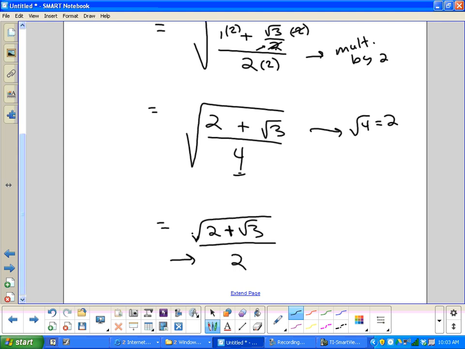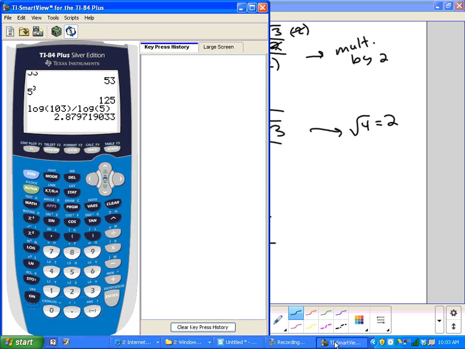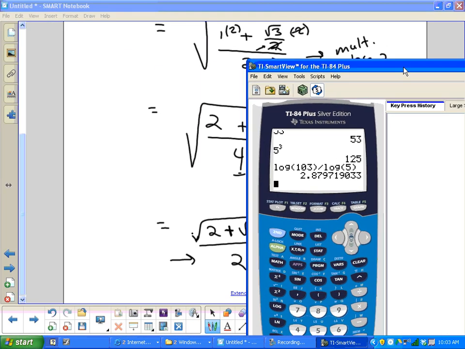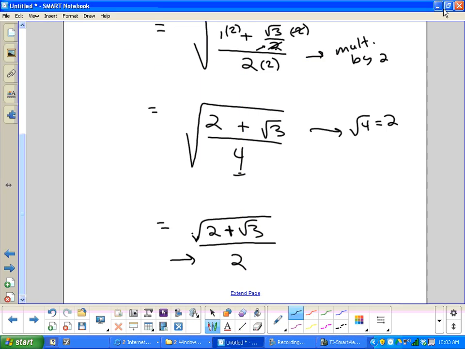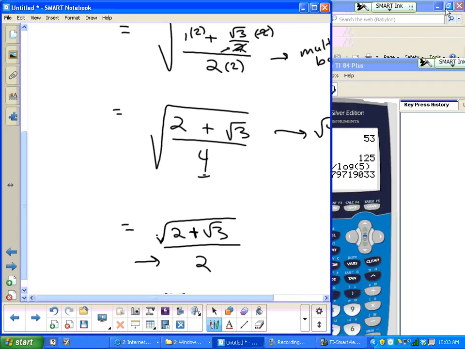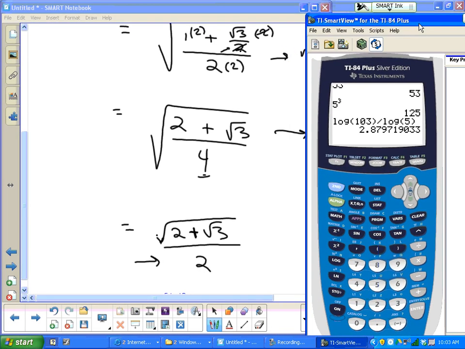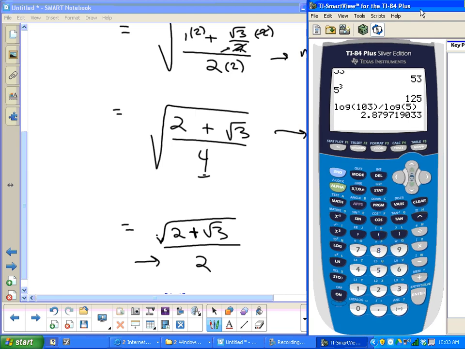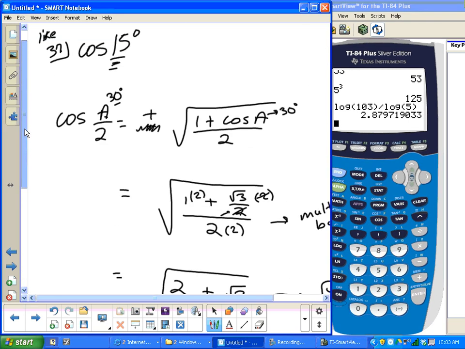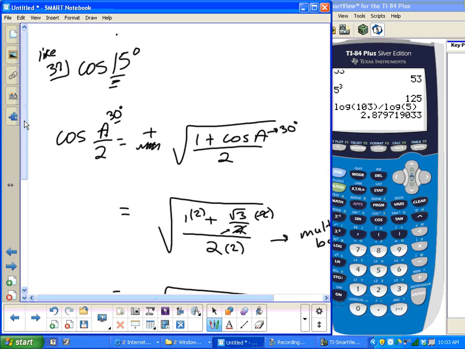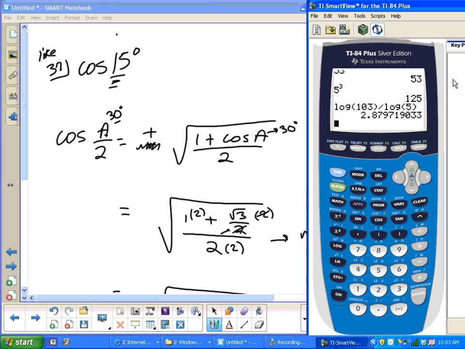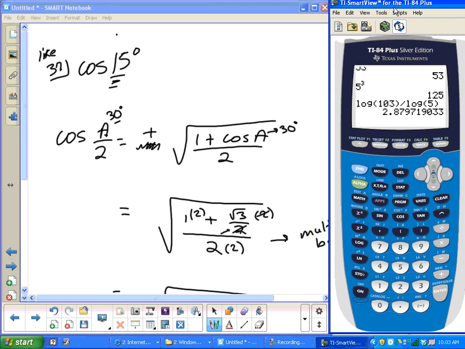Now, we're going to check it with your calculator here. Get your calculator out, and be sure you're in degrees. So we're going to punch in cosine of 15 degrees.